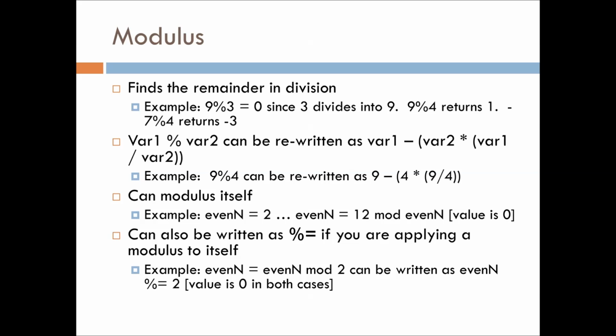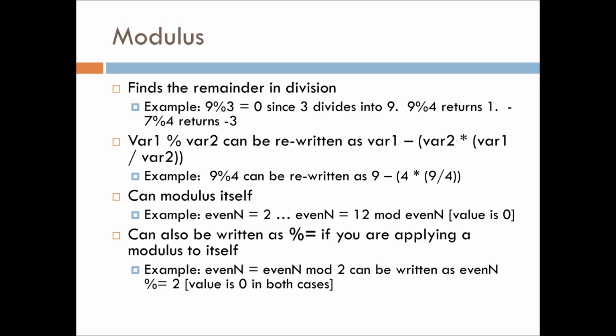You can mod itself. It might get a little weird doing it, but you can. So like even number equals 2, even number equals 12 mod even number. I think it should be the other way around, but the value's 0 either way.